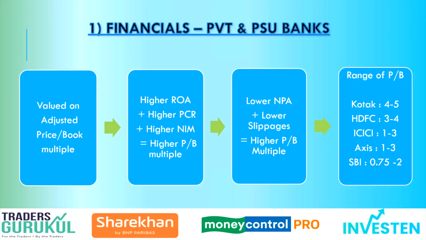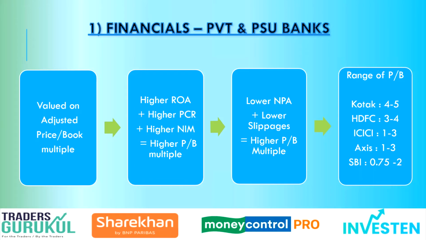Now, what price to book multiple we should assign to an individual bank depends upon various factors. If a bank has higher return on assets, higher provisioning coverage ratio, and higher net interest margins, it will get a higher price to book multiple.